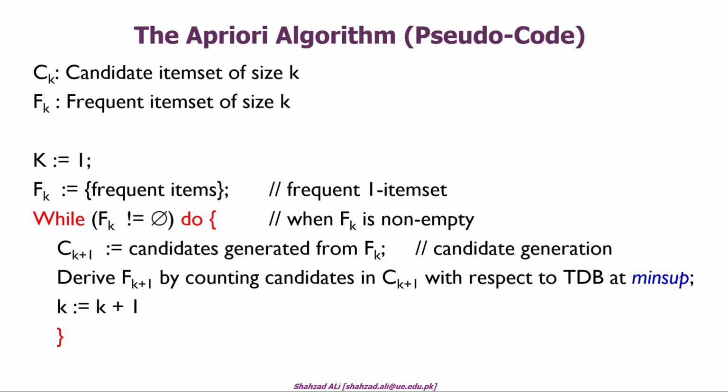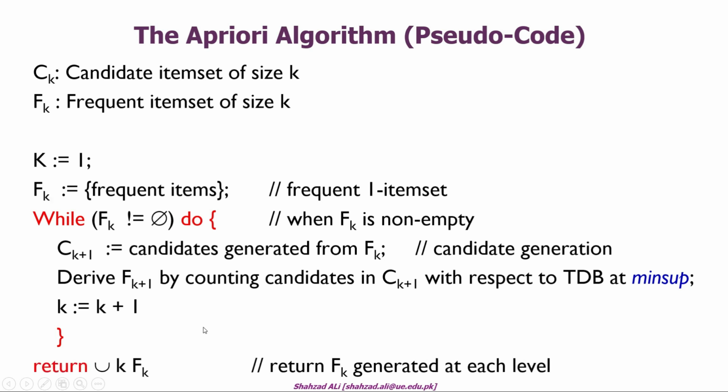So using those frequent k plus 1 item sets, we derive the frequent k plus 1 item sets. Okay, then we reset the value of k to k plus 1 until we get out of this loop. We just return all the frequent k item sets for all the cases derived.